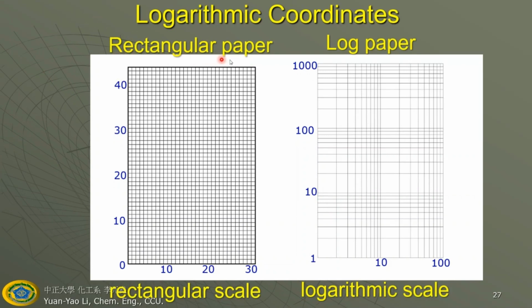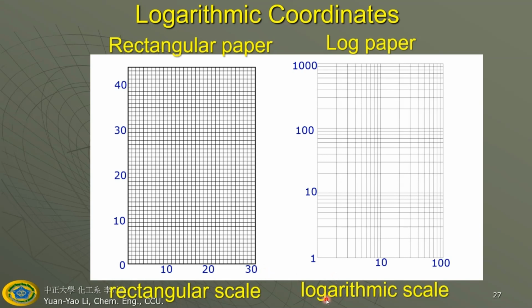This is called rectangular scale. This is from 0, 1, 2, 3, 4, 5, 6, 7, 8, 9, 10, right? And 11, 12, 13, 14, 15, 16, to 20, to 30. And this is the x-axis. The y-axis is from 0, 1, 2, 3, 4. So it's 10, 20, 30, 40. This is what we call rectangular scale.